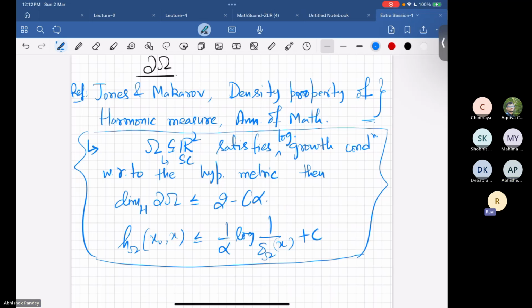So you are saying, if there is a growth in the Kobayashi metric, does it give you any information on the boundary volume, or the Hausdorff dimension, or there is also one more notion of dimension called Minkowski dimension. I have not seen any result of this kind. Maybe it is there, but I have not seen it. Okay. Thank you.